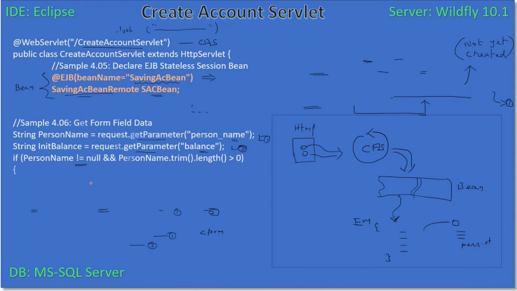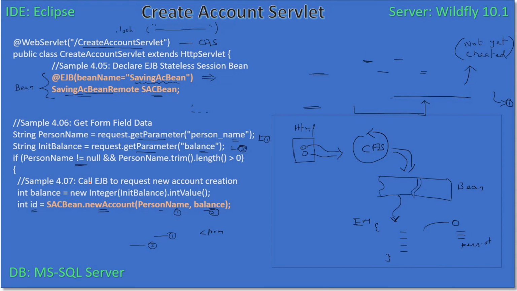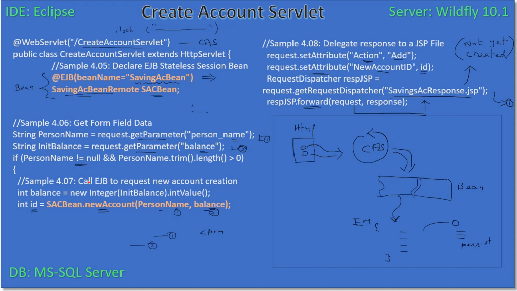Next we created the servlets. Those servlets will process the HTML forms, and the servlet will make use of our saving account bean, which contains a dummy implementation at this moment.